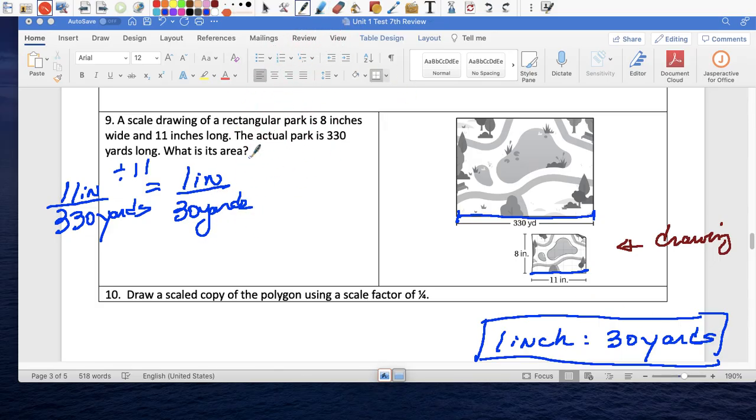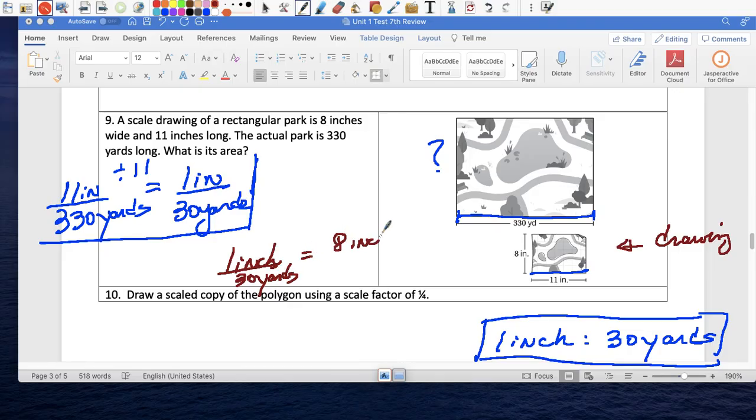Now that I have my scale, put this on the side, I can figure out what this guy is. Right, because I know that on the map is 8 inches. So here's my scale that we just found. So 1 inch is 30 yards. What if I have 8 inches? How many yards would that be? That's what we're trying to find out.